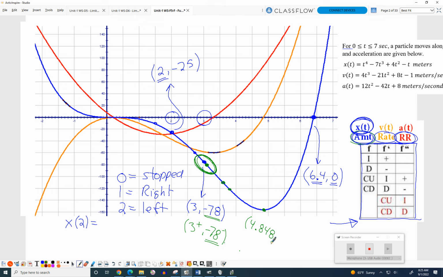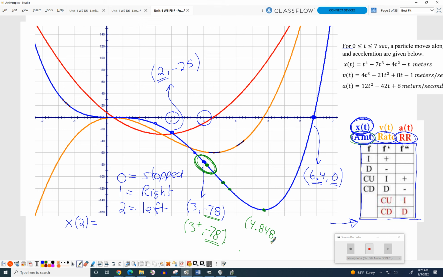Okay, look. That is the moment when the particle is as far left as it's going to go. Watch me. If I'm the particle, and I don't have enough room to go way over there, just pretend this is as far left as I go. One tiny amount of time earlier, I was here. Now I'm here. One tiny amount of time more, I'm going to be back here again.